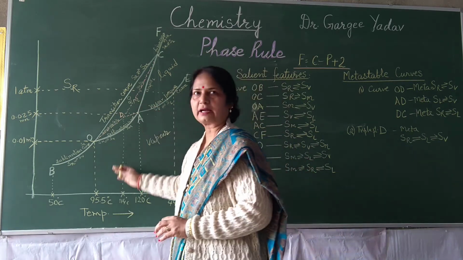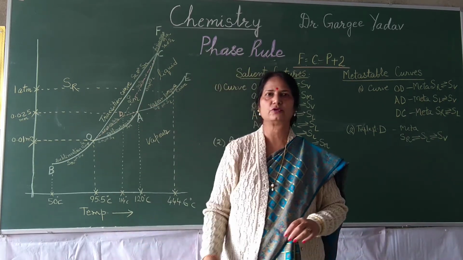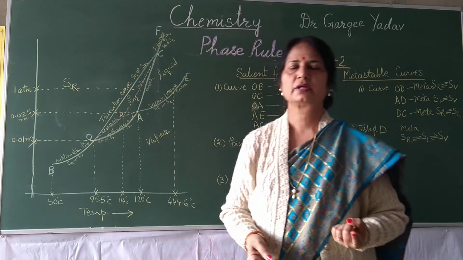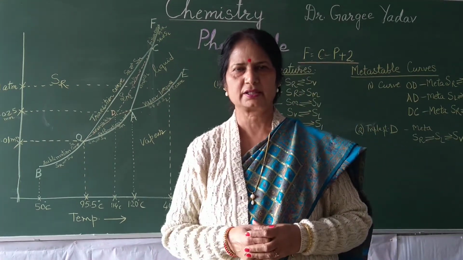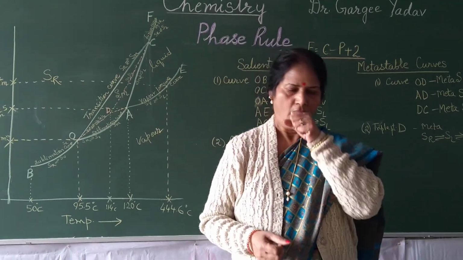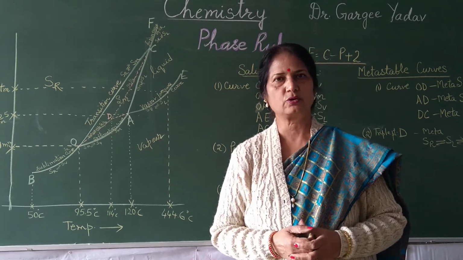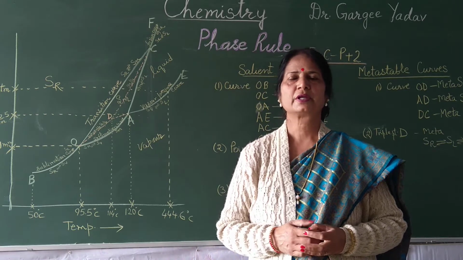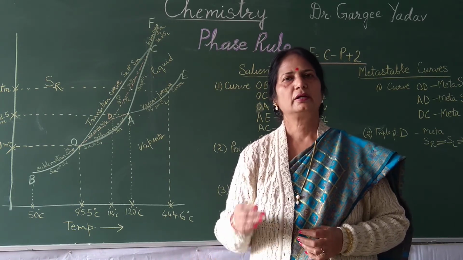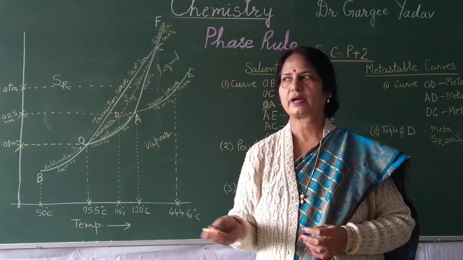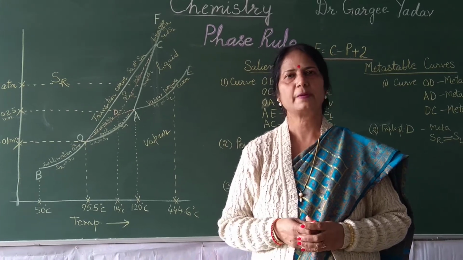This is the phase diagram for the sulfur system, and as we all know, it is a one component system. The various phases which exist in the sulfur system are the two allotropic solid states, rhombic sulfur and monoclinic sulfur, then the liquid state, and another one, the vapor state.